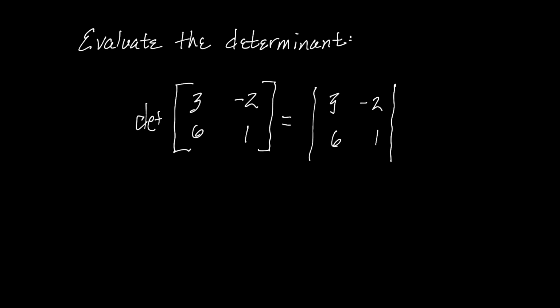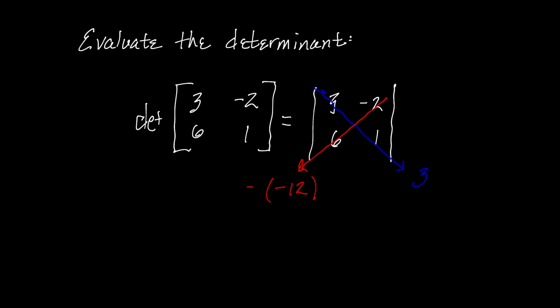First thing we're going to do is multiply left to right, and 3 times 1, that's a 3, and I can put my little arrow in there, and then multiply right to left. Negative 2 times 6 is negative 12. But remember, when we multiply backwards, we have to take the negative of that.